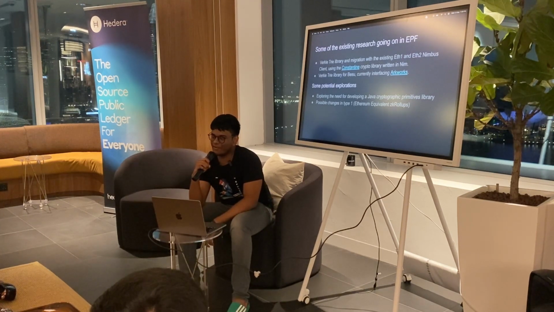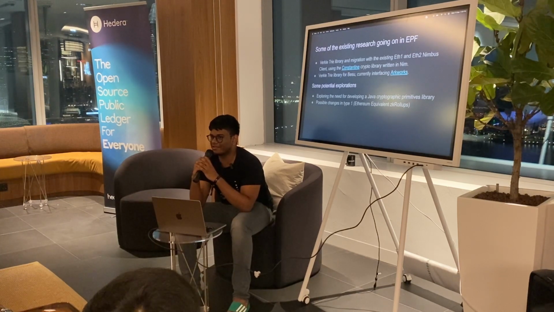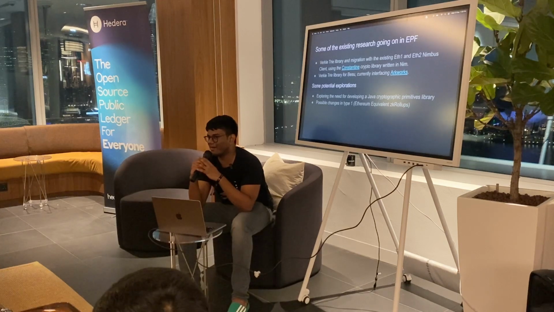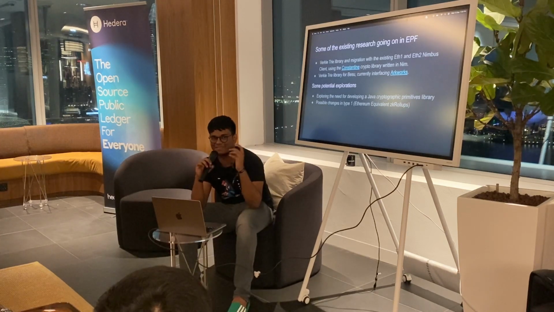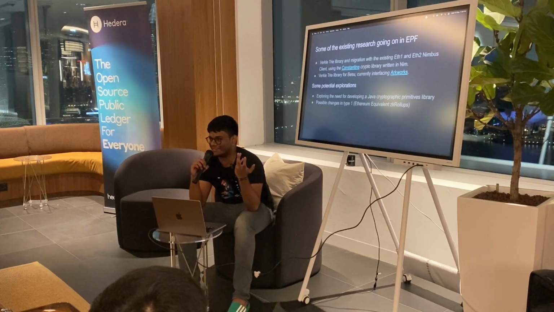I haven't really found any documentation on it. I have asked a lot of people in the Ethereum ecosystem as well, and the only thing they have always told me is that it eradicates the need for a trusted setup, given that they already have a trusted setup. Basically, I'm following the Verkle spec.